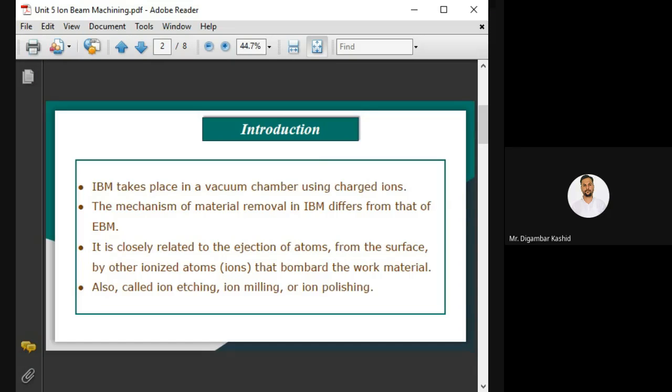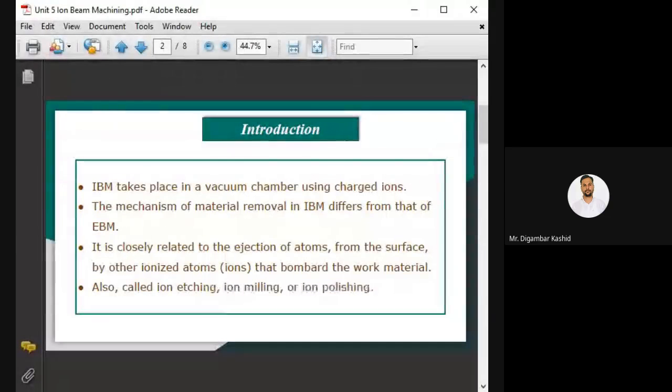And by means of accelerating voltage. This process is called ion beam machining because here charged ions are fired from an ion source. Now those charged ions come toward your workpiece by means of an accelerating voltage.